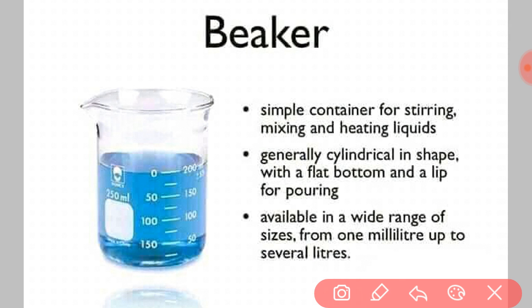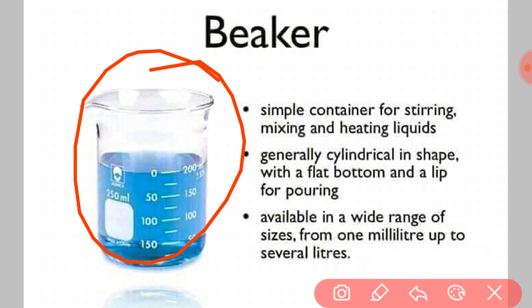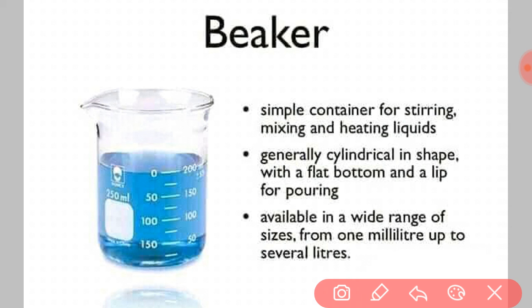It is cylindrical in shape with a flat bottom, and it has a lip for pouring. Available in a wide range of sizes from 1 milliliter up to several liters. So this is the second lab apparatus, that is the beaker.